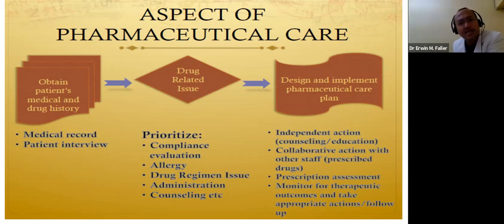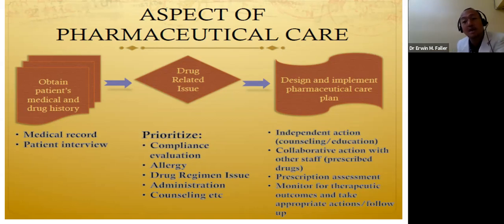All of this is really collaborative. We cannot do it alone. So don't tell me that in your pharmaceutical care plan you are just alone, because we say, oh, pharmaceutical, meaning pharmacist. No, the pharmaceutical care plan should be collaborative in nature and deal with other healthcare providers.